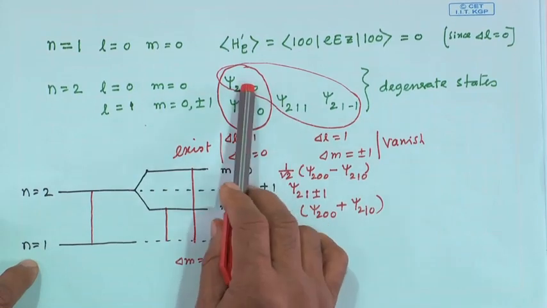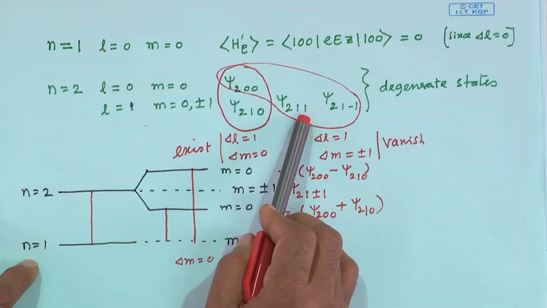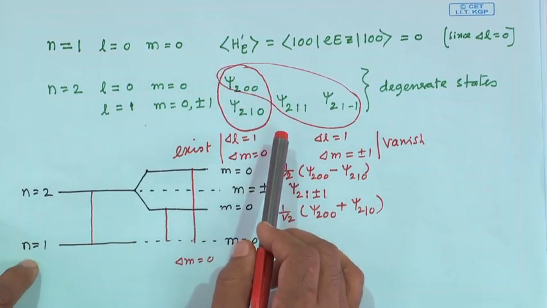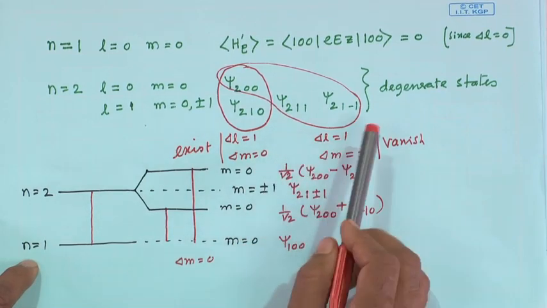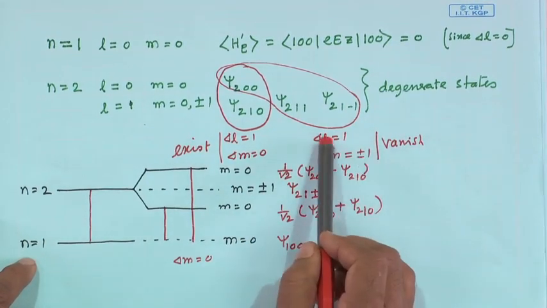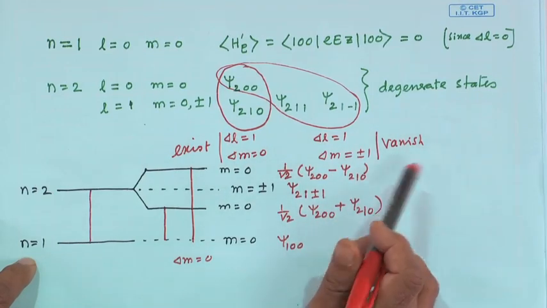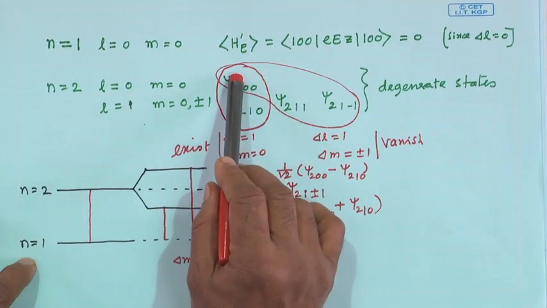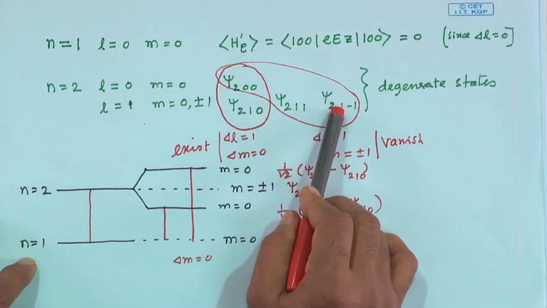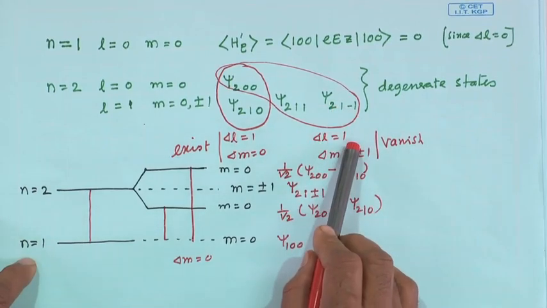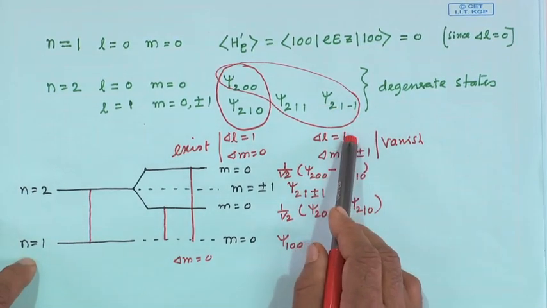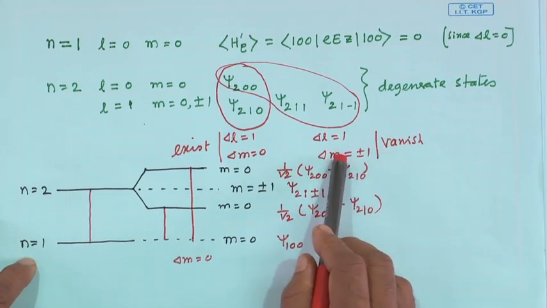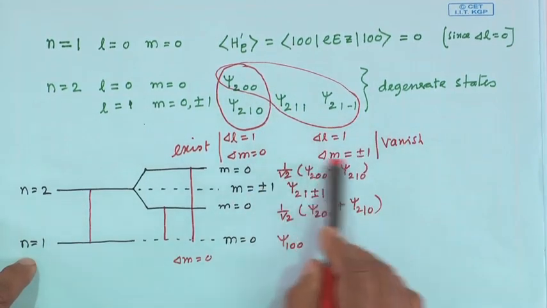That is not allowed, because this term will exist only when del L equal to plus or minus 1 and del m equal to 0. Here del m is plus or minus 1, not 0, so this term will vanish.